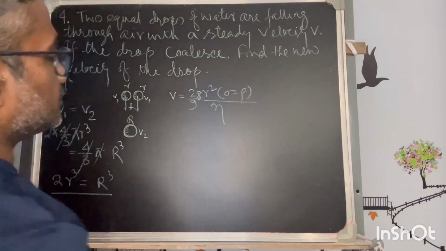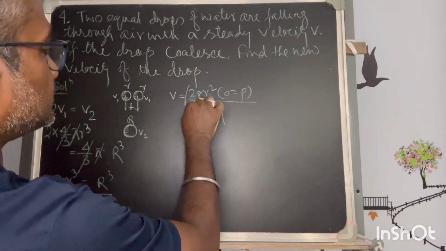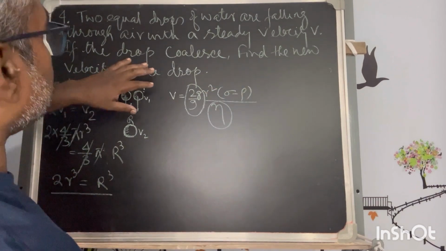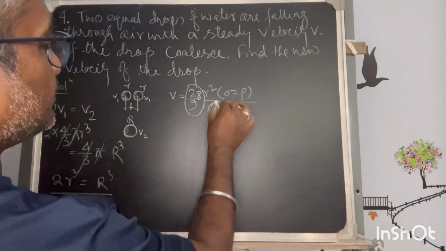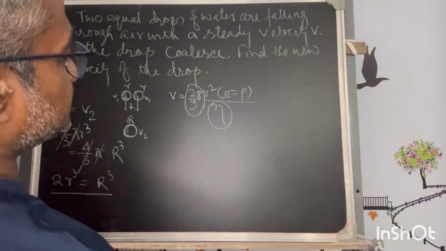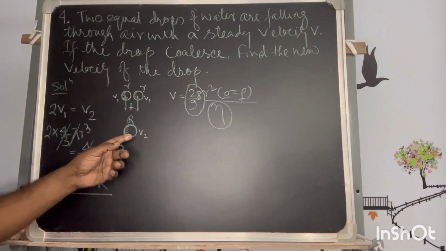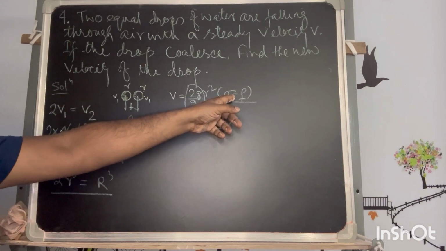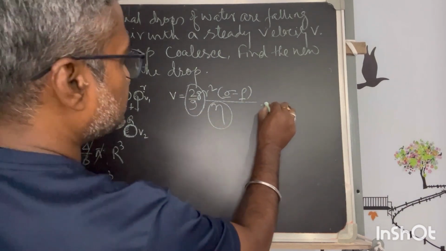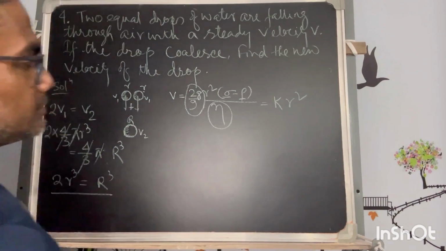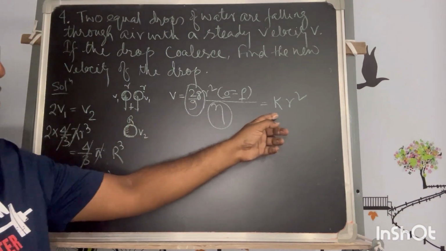Out of this, everything else is constant, because it is coming through the same media and rho for water is the same. So we can write v equal to k into r square. This is the terminal velocity, where k is a constant.